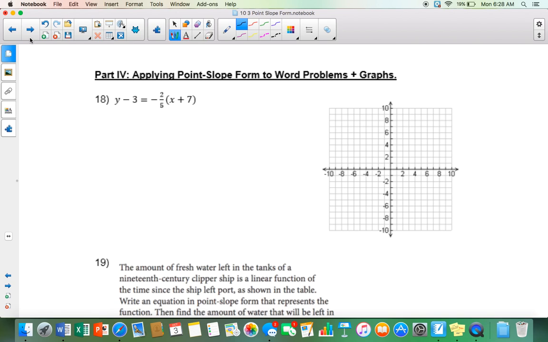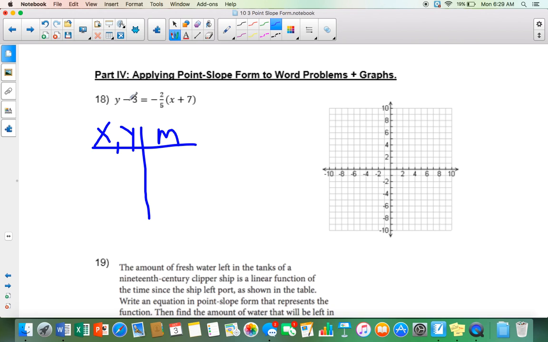Okay, this last part, number 18, we're going to go to. So if we're going to put this on the graph, just like we did in the second part, we need to know what our point is and we need to know what our slope is. So x and y and my slope.